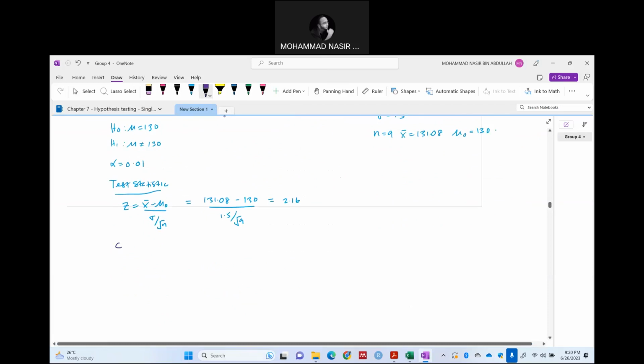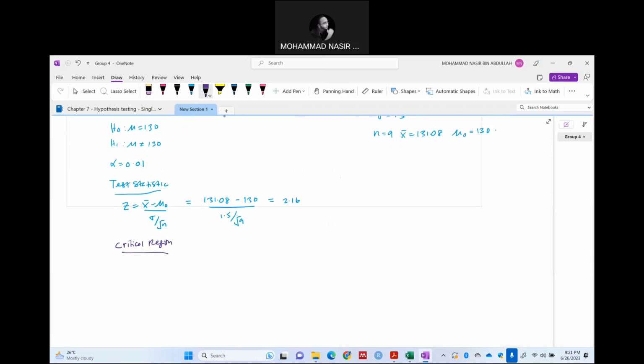Then step number 3, we calculate the critical region. This is a two-tail test, so it should be on the left and right. So this is the area of rejection. This is also the area of rejection.